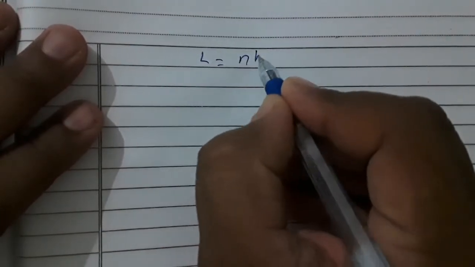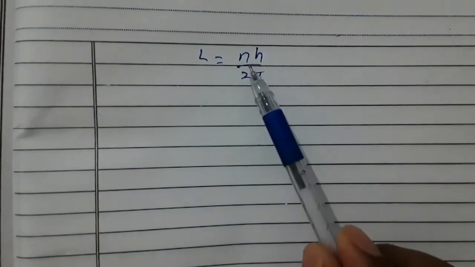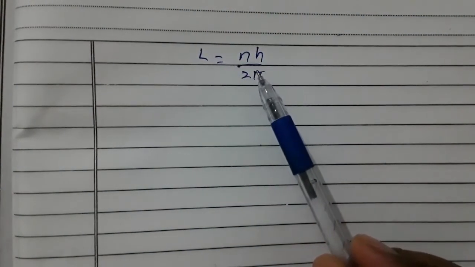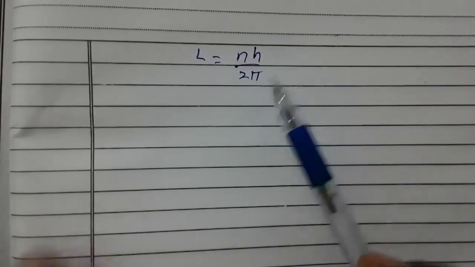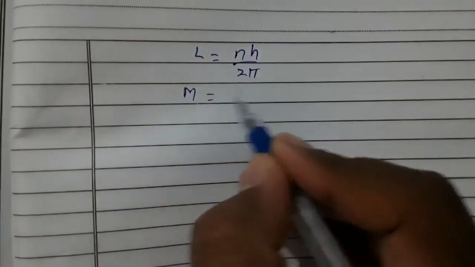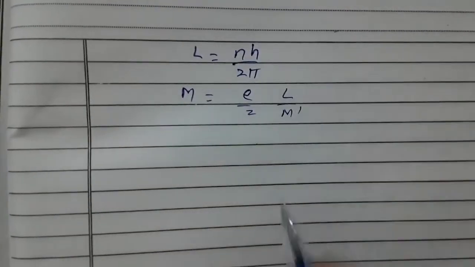Now according to Bohr's theory, we know that angular momentum L is equal to nh upon 2 pi, where h is the Planck constant and n is the number of the orbit. So according to the relation, M is equal to e by 2 into L upon m dash.